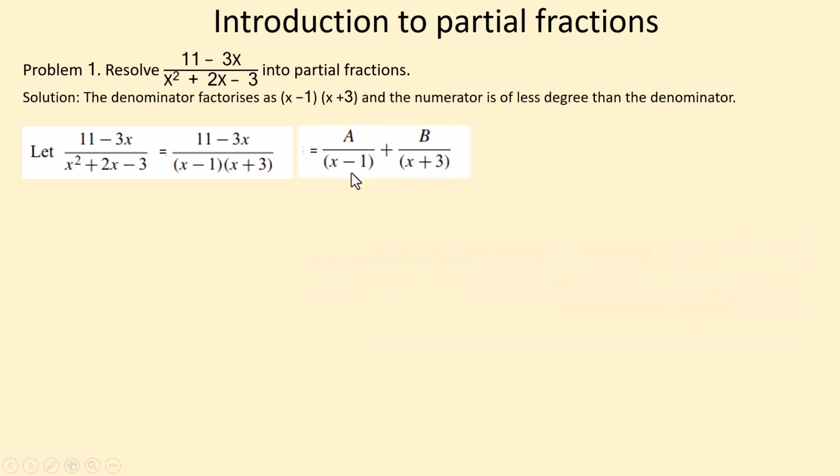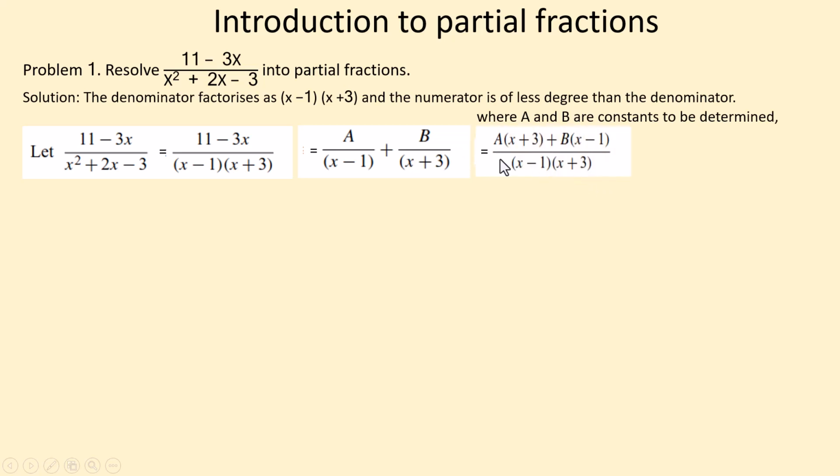It becomes a over (x minus 1) plus b over (x plus 3), where a and b are constants to be determined. Then if we find a common denominator for this, it becomes a times (x plus 3) plus b times (x minus 1), and the denominators must be multiplied by each other, so it becomes (x minus 1) times (x plus 3).